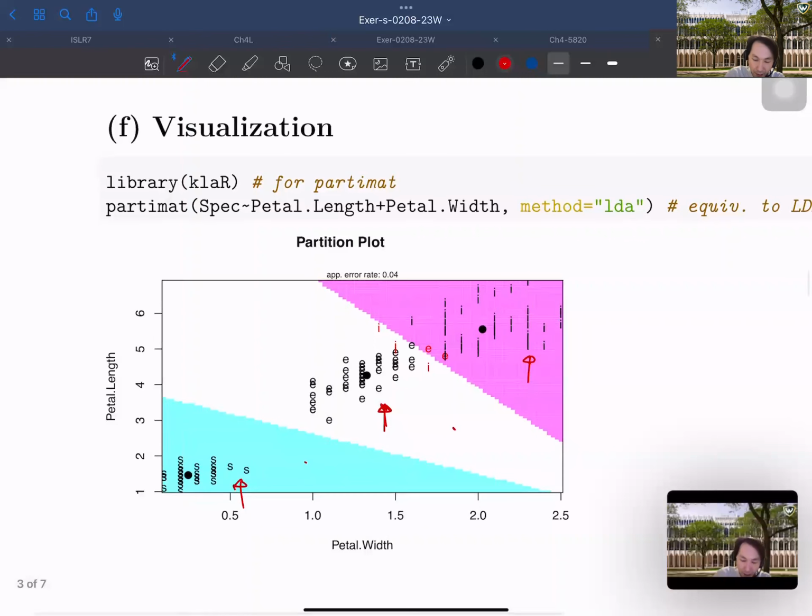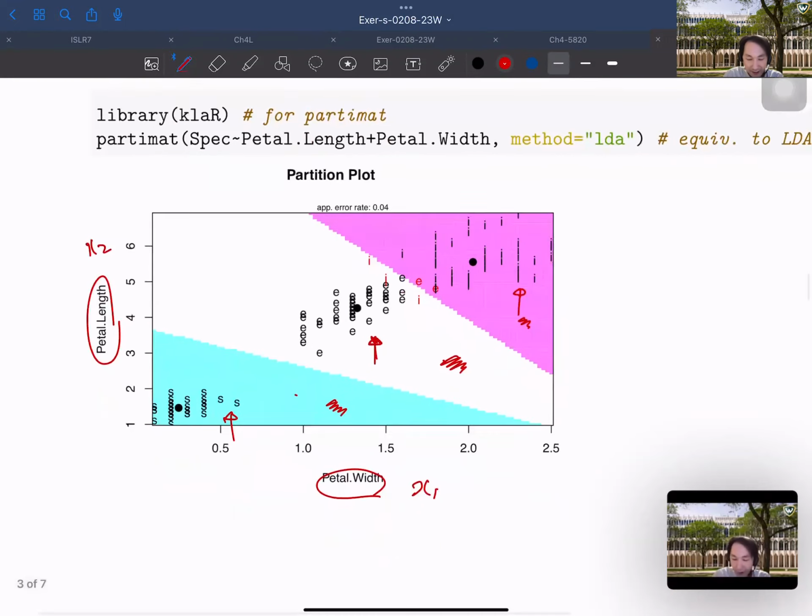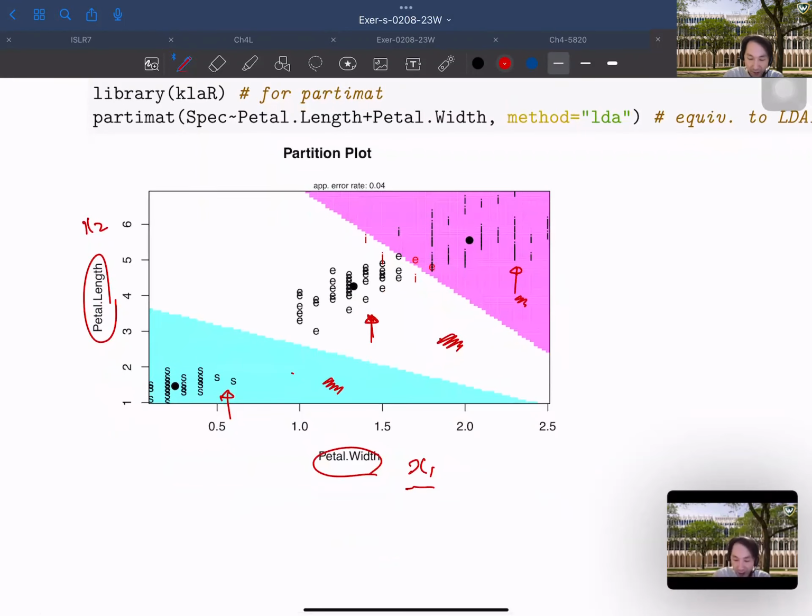LDA decides that this area is for Setosa, this area is for Versicolor, and this area is for Virginica. This is one predictor, and this is the other predictor. But obviously the weak point of this method is that we can only use 2 variables.